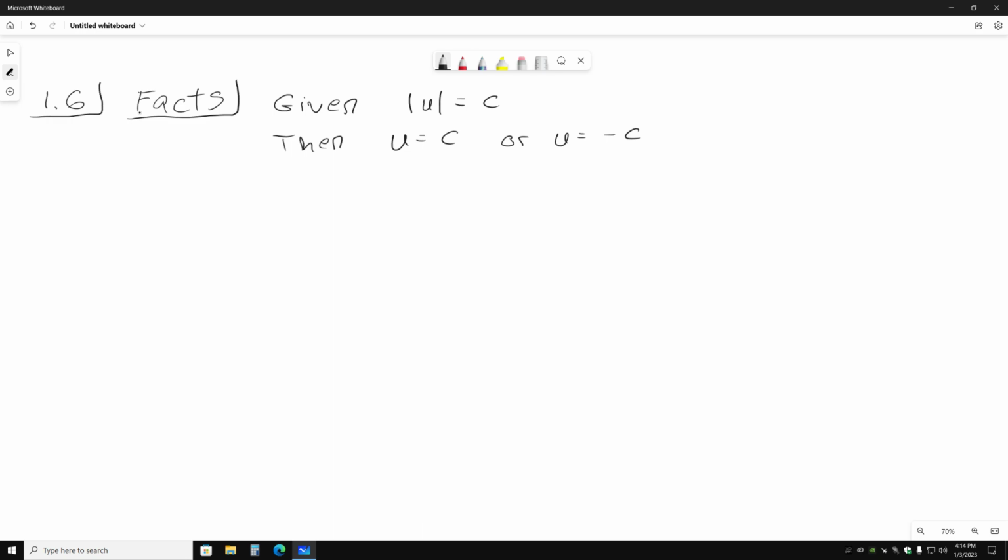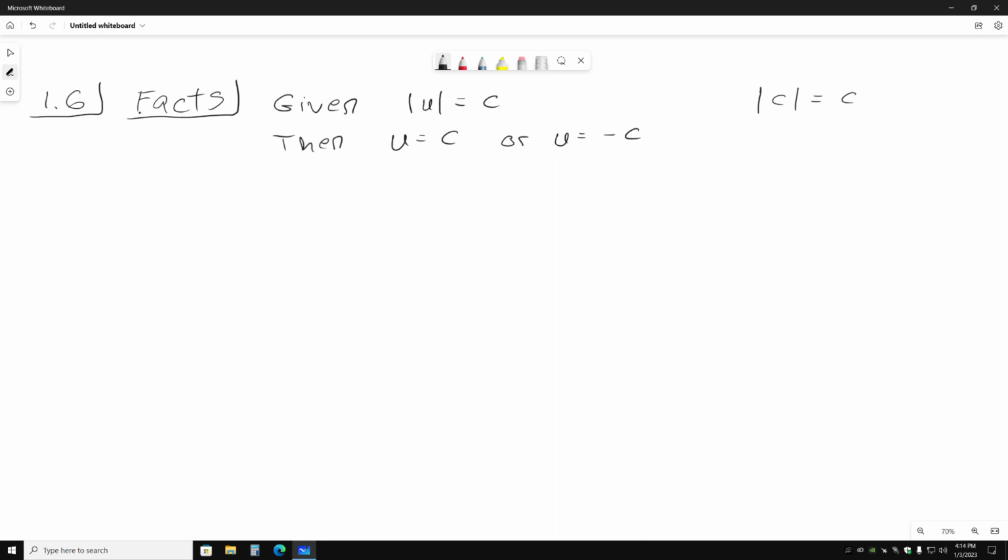Now think about why this is the case. Why are we creating two equations from one and removing the absolute values? Well, there are two values that could have caused us to get c given this absolute value of u. We know that if we plug c into the absolute value function, we will get c.